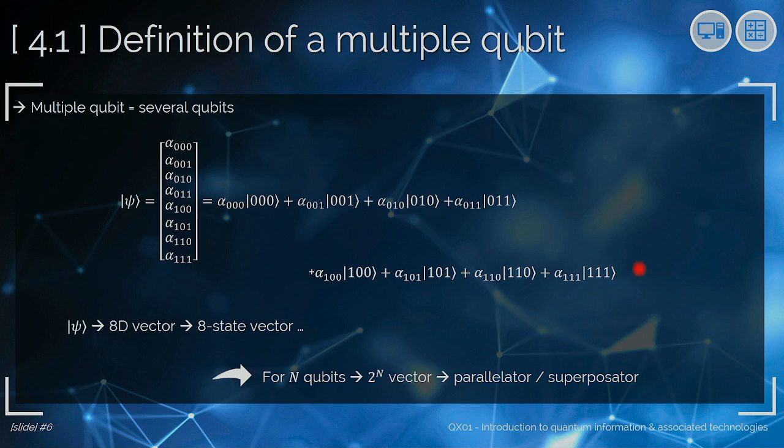And for n qubits, we are going to have a 2 to the power of n vector. So if we want to give it a name, this future quantum computer, this parallelator or superposator, will increase exponentially the number of components that we have as a function of n.